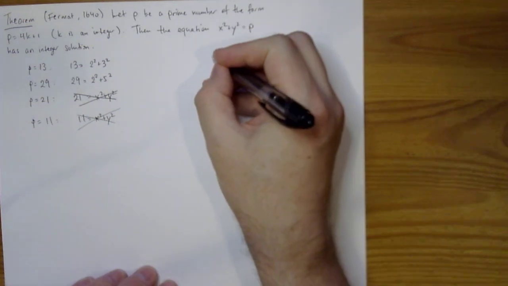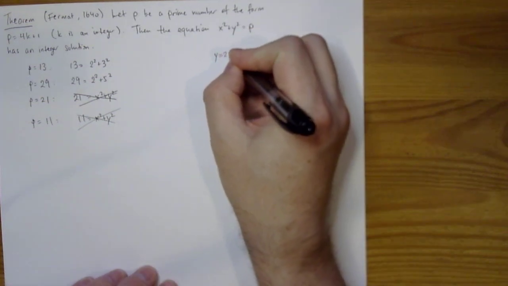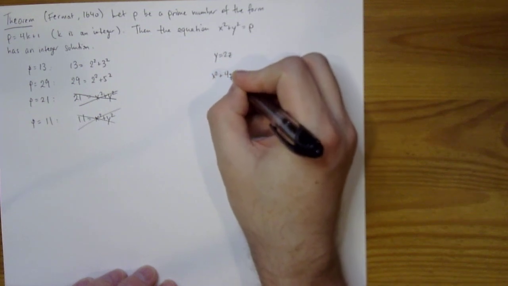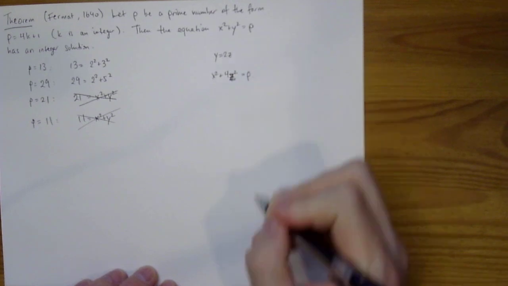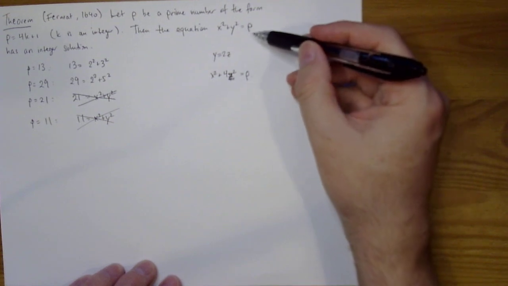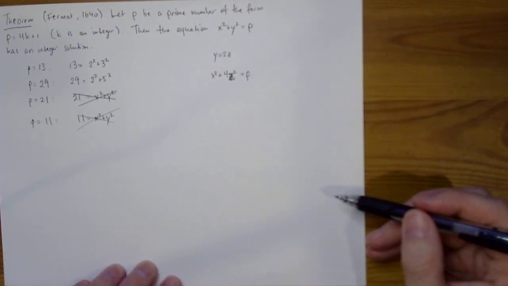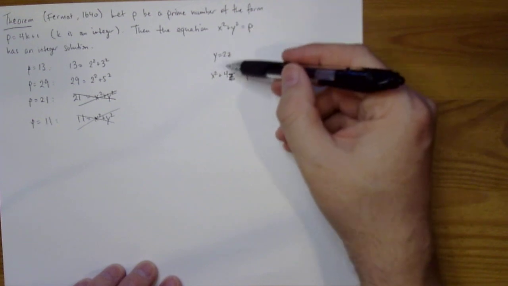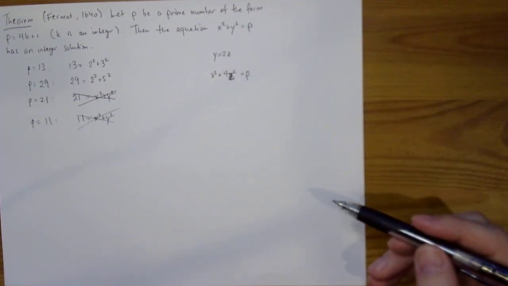And if y is even, then you can write y equals 2z. And so really, you're solving something like x squared plus 4z squared equals p. That's going to come up in a second. So saying that this has a solution, when p is odd, is the same as saying that this has a solution, because without loss of generality, we can assume that y is even and x is odd.